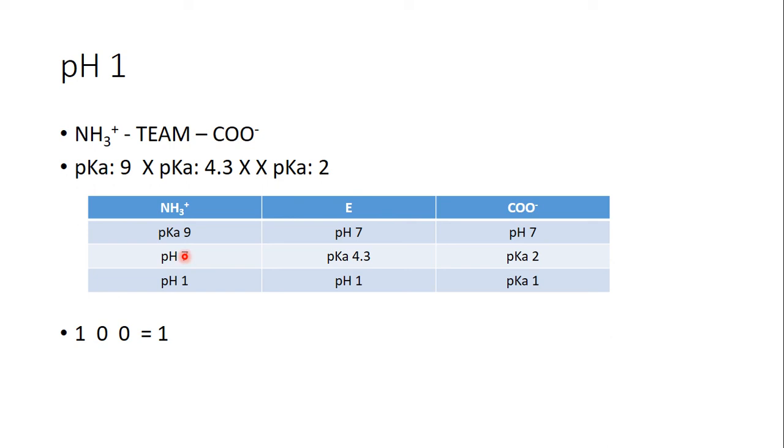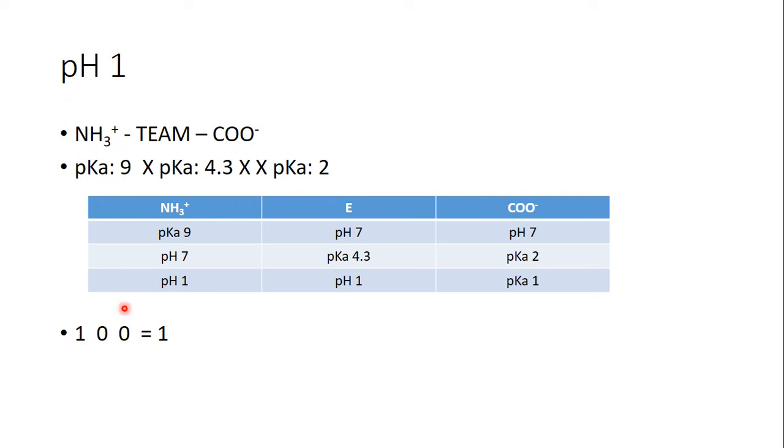So I have pH 7 here and I'm going down to a pH of 1. Notice when I went from 7 to 1, I did not go in between my pKa. My pKa is not between 7 and 1.